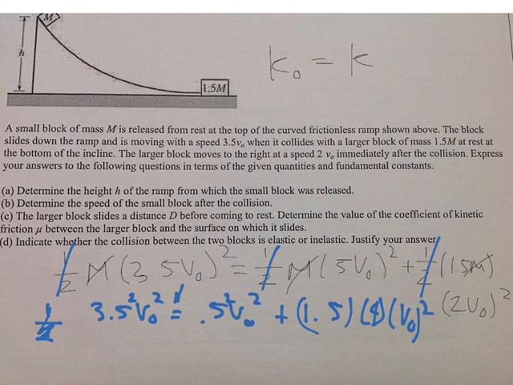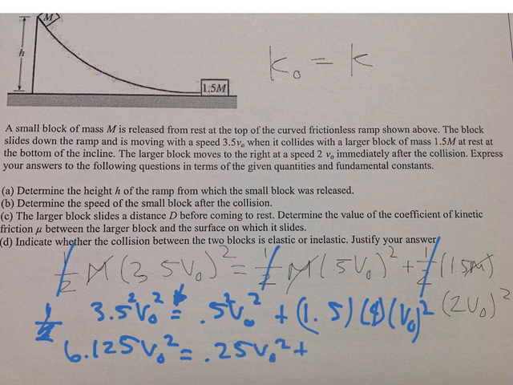And so your goal is to figure out, is this true? Are they equal? So will this side equal 3.5 squared? So this is where I would use your calculators, because I can't do this in my head. If you can, power to you, good for you. But 3.5 squared is 6.25 v naught squared. This is going to be 0.25 v naught squared.